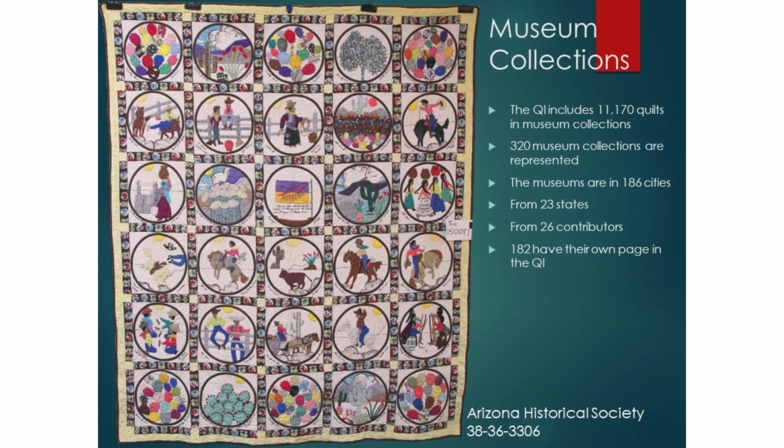And again, as of today, we have 320 museum collections represented in the Quilt Index. The museums are located in 186 cities, and this is around the world. We are constantly working with those museums to continue to add quilts as they acquire them, as well as to add whole new museums.